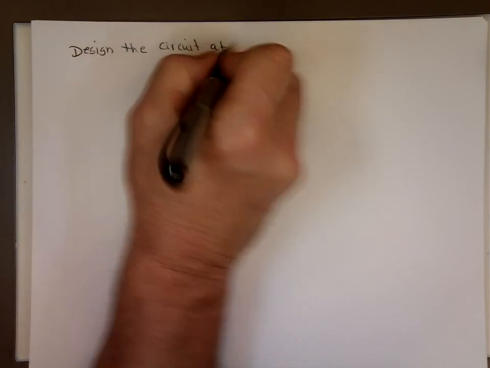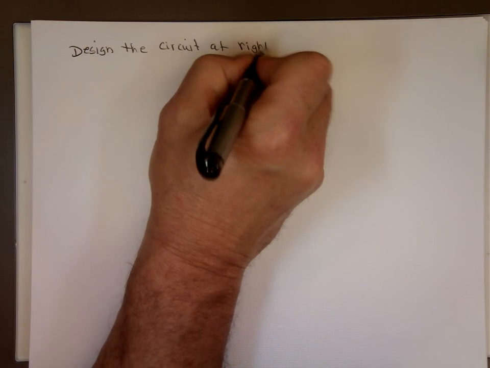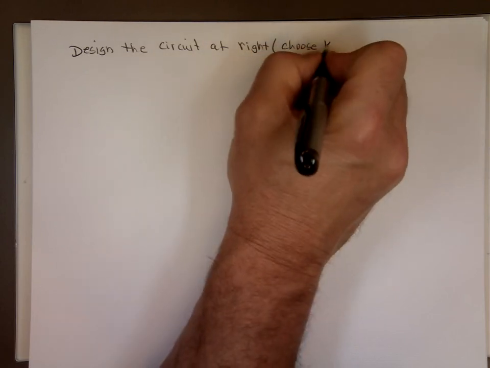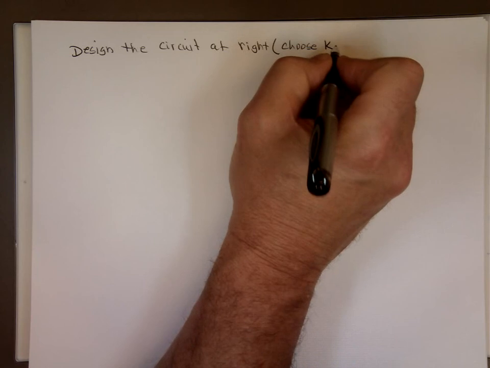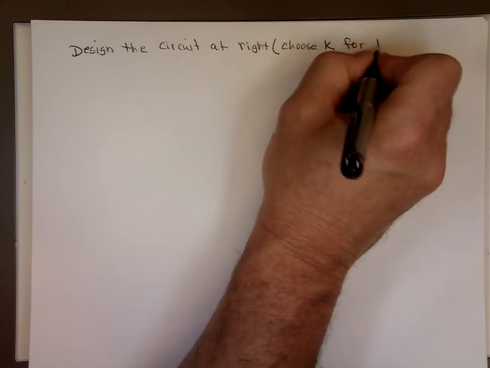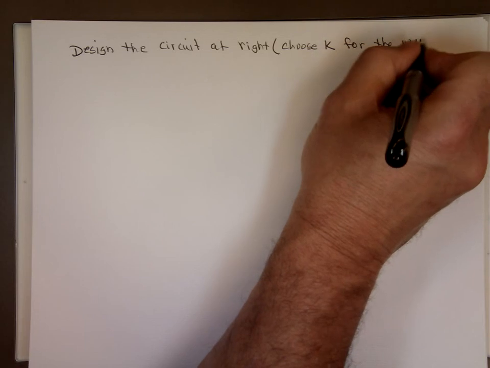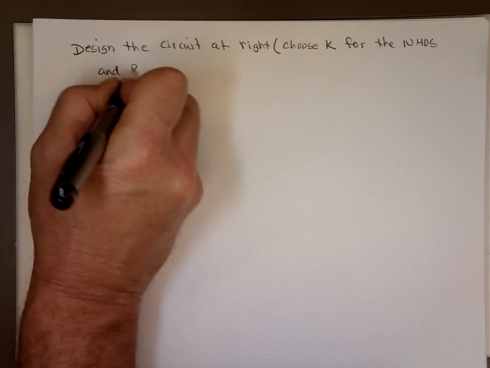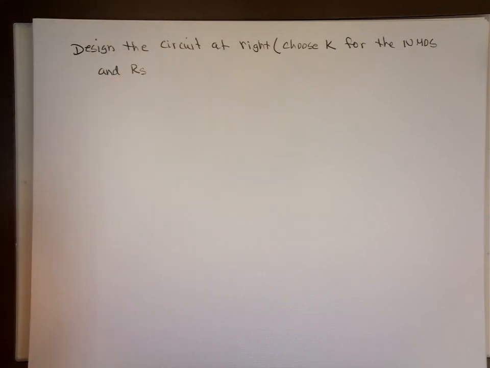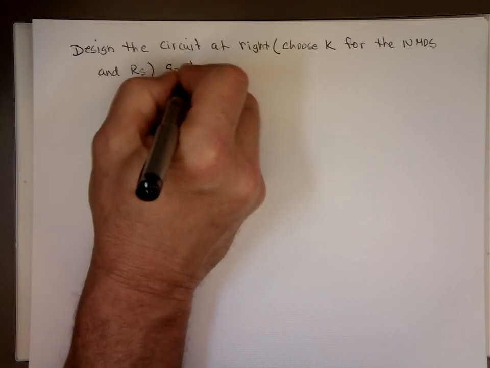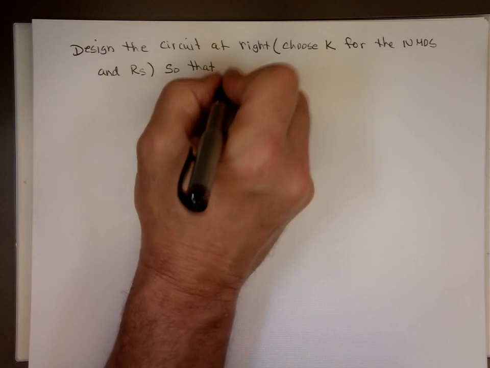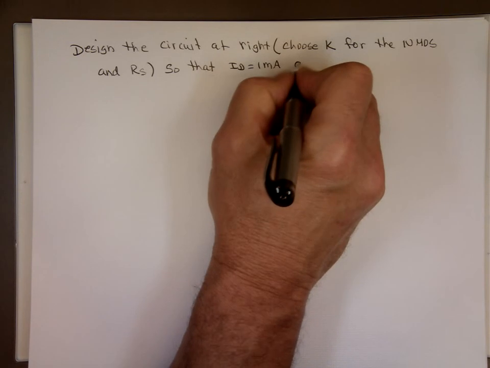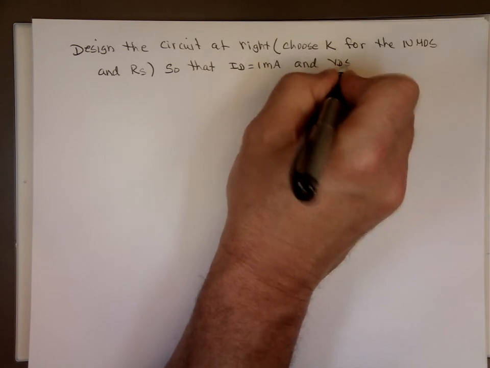When I say design here, that means you have to choose K for the NMOS and also R sub S. I'm going to choose both these so that I sub D is equal to 1 milliamp and VDS is equal to 2.5.